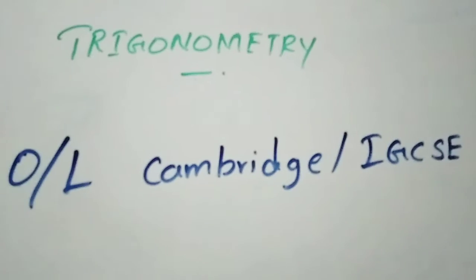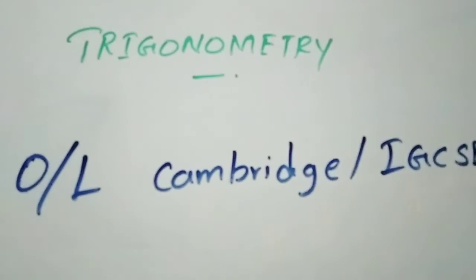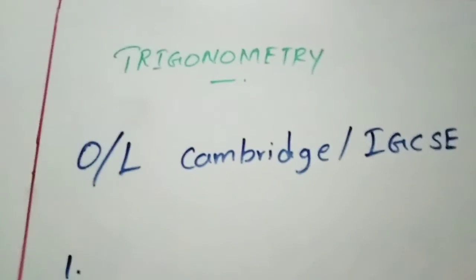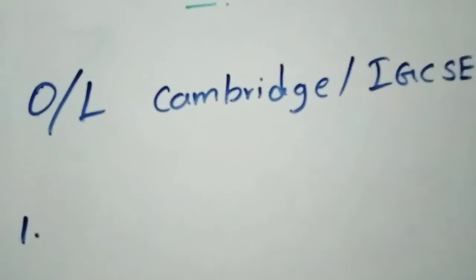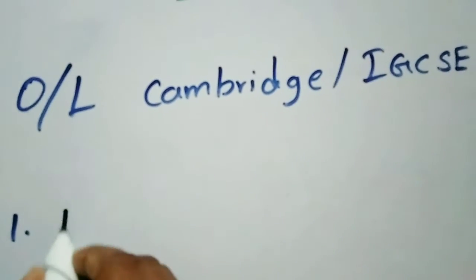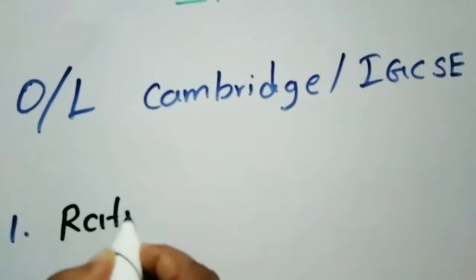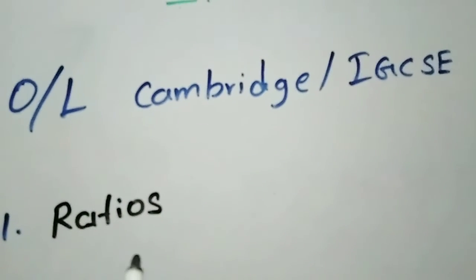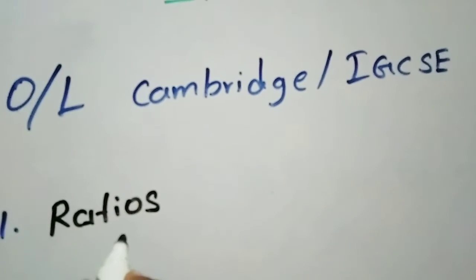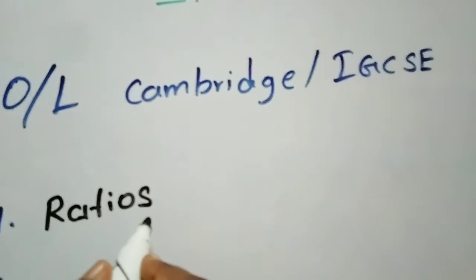Okay, let's see what are the subtopics we need to cover for O-level Cambridge IGCSE. The first subtopic we need to cover is trigonometrical ratios. How many ratios are there? There are 6 trigonometrical ratios.